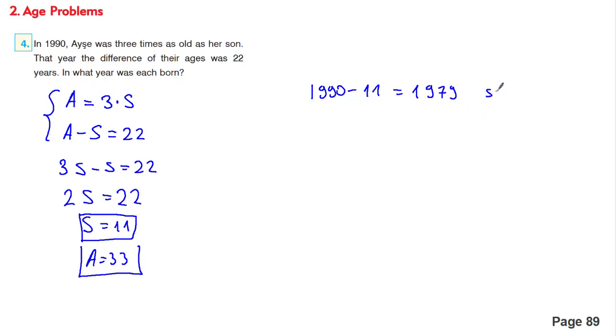Son's birth year. All right. And mom's, Aisha's birth year, 1990 minus 33, that's 1957. Aisha. Right? These are not birthdays, these are birth years.